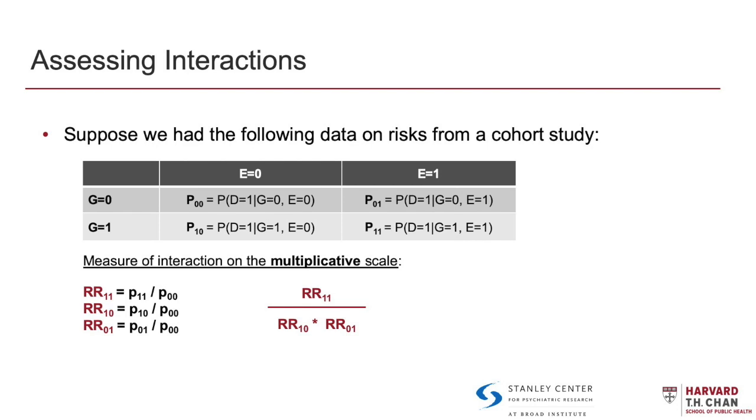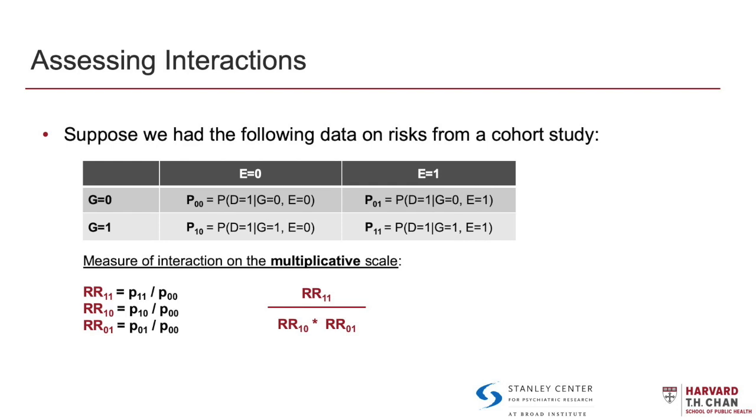We can take the same example that we've taken in the earlier slide, where we have the probability of a disease in the presence of a genetic and an environmental risk factor. How do we assess multiplicative interaction? First, we will calculate the risk ratios for each cell.